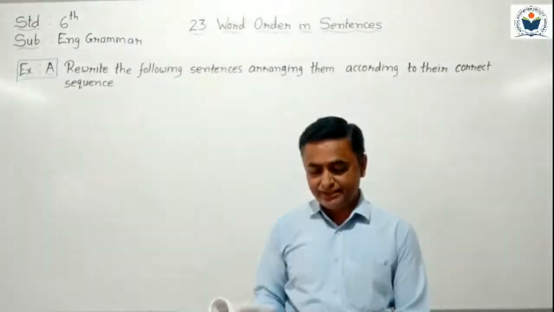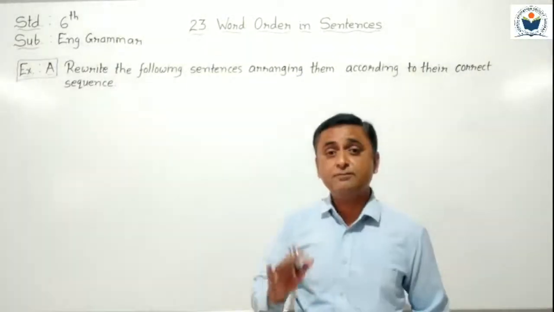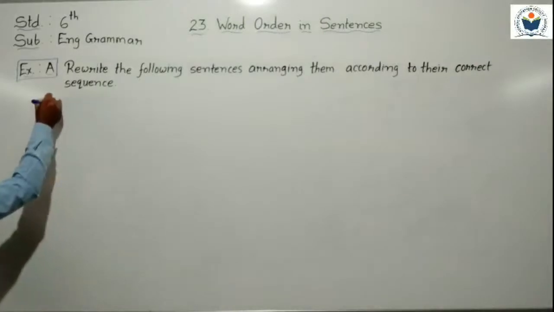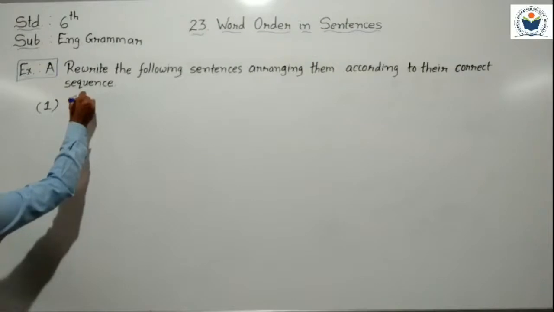First of all, the sentence contains who. Who means question word. So always a question word is placed at the beginning of the sentence. So what has happened? See here, sentence number one. I have to write the first letter always capital.